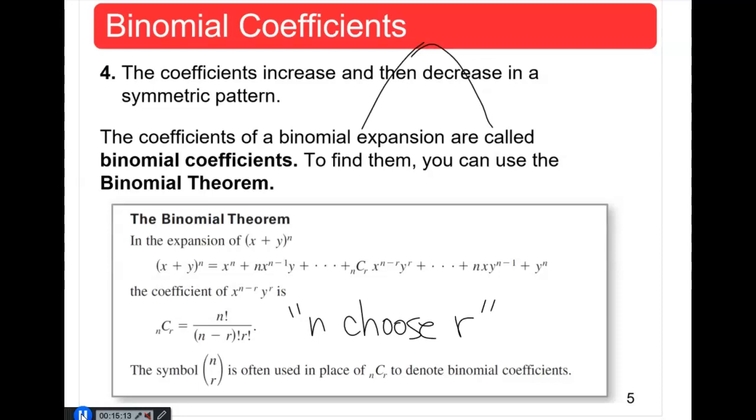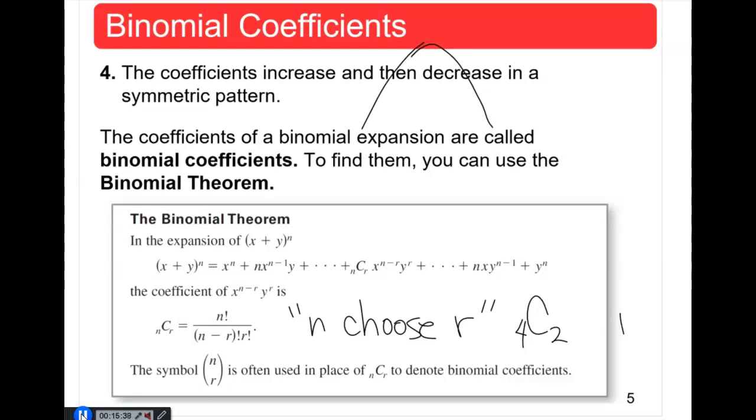And so what it means is, for example, if I was to write 4 and 2, that will be 4 choose 2. So it means from 4 items, choose 2 of them.